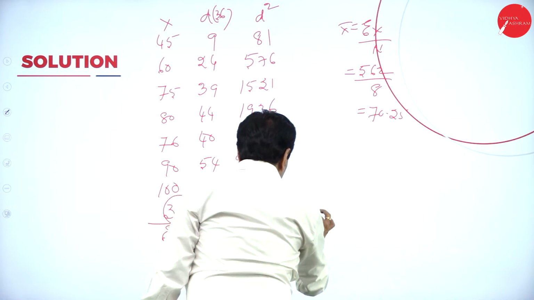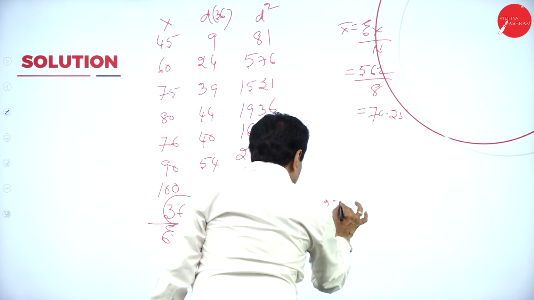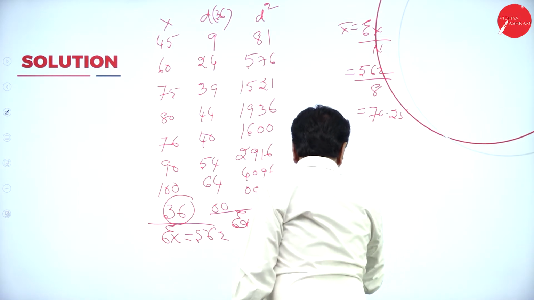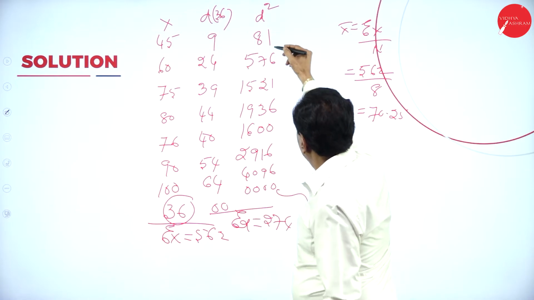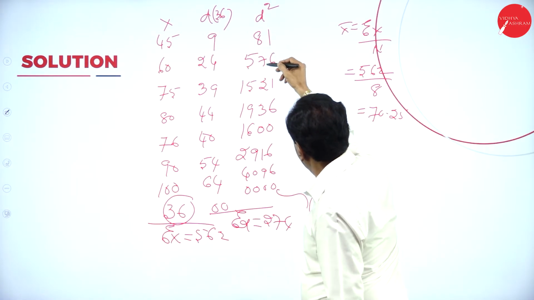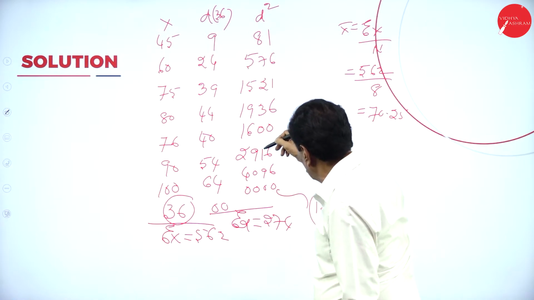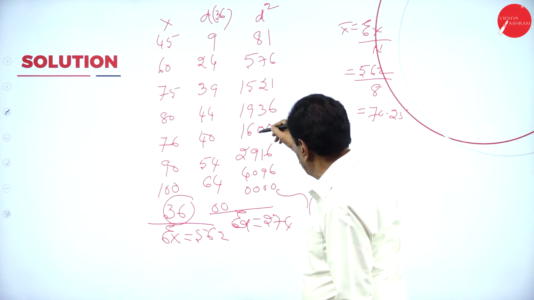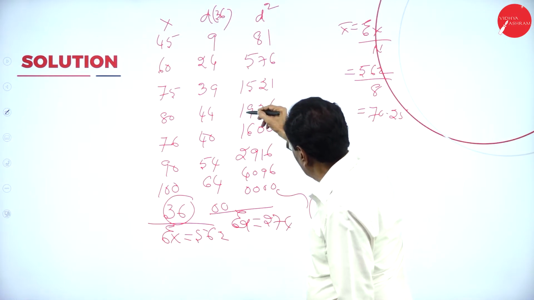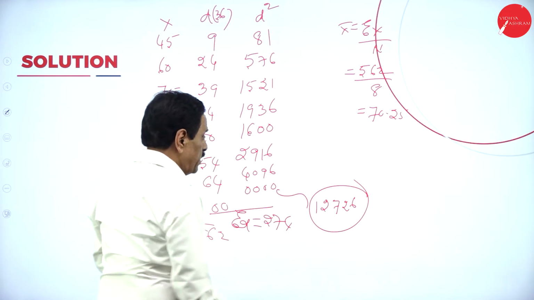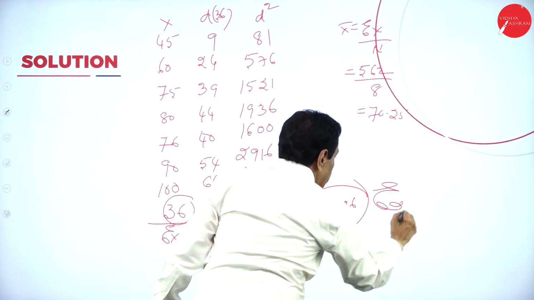This is 12,726, sigma d square. 1 plus 6, 7, 8, 14, 20, 26, 2 plus 8, 10, 17, 19, 22, 23, 32, 3 plus 5, 8, 13, 22, 28, 37, 4, 5, 6, 8, 12. So 12,726 is sigma d square.